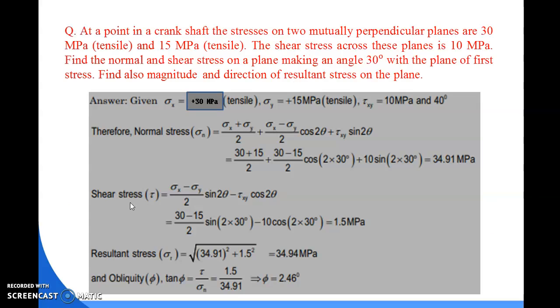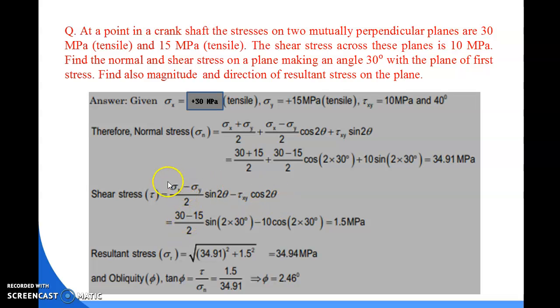Okay. So now comes the shear stress, that means the tau value. We know the formula for tau is (sigma x minus sigma y) divided by 2 times sin 2 theta, minus tau xy cos 2 theta.